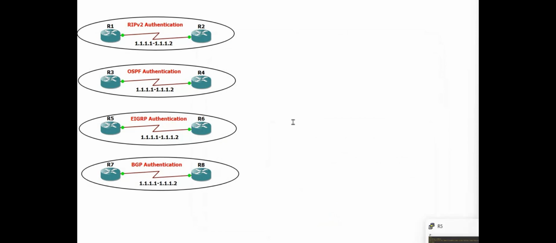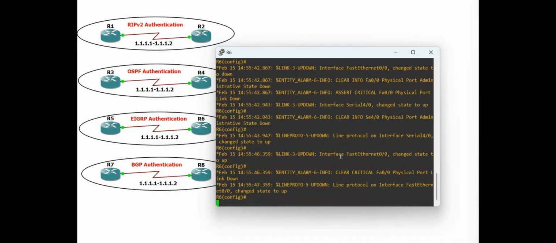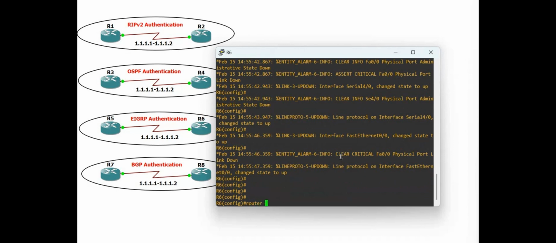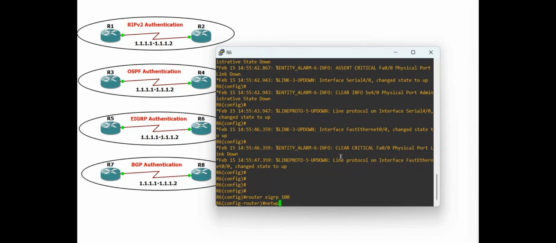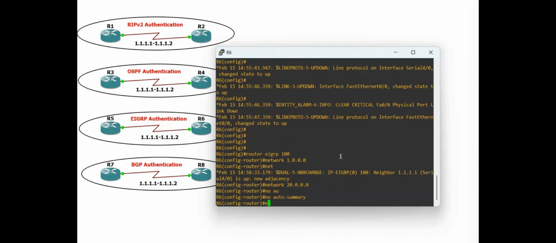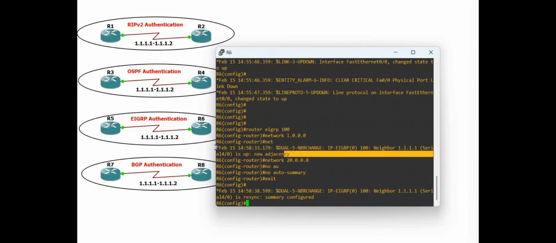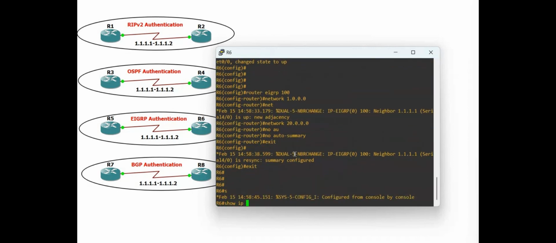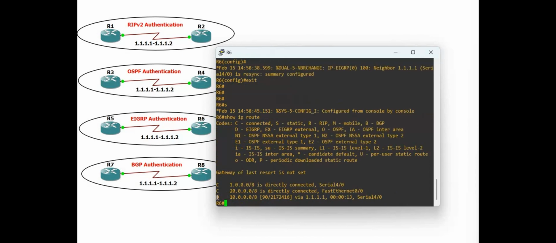Router 6: router EIGRP 100 and network 1.0.0.0 and network 20.0.0.0, no auto-summary. You can see the neighborship is up. Let's verify. Show IP route. You will see over here D, the 10 network. D stands for EIGRP.